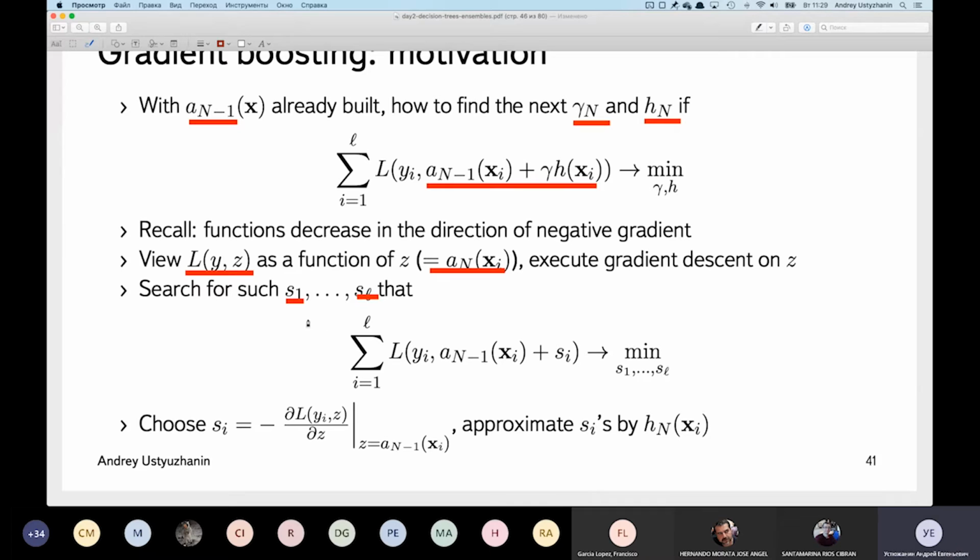Those are derivatives of L that we want to compute. So those are approximations of the new learner, so approximations of this z function, for every instance that we have in our training sample.